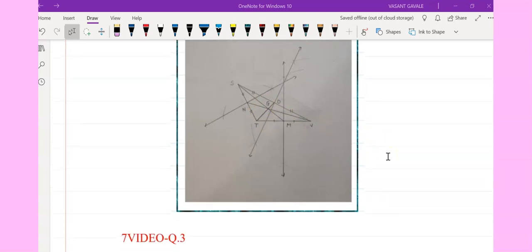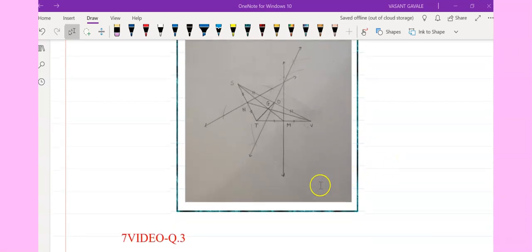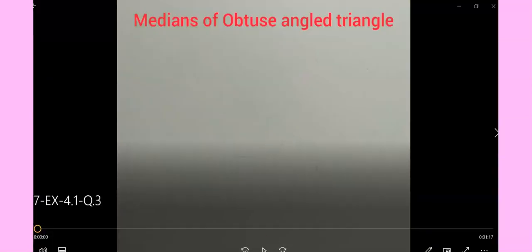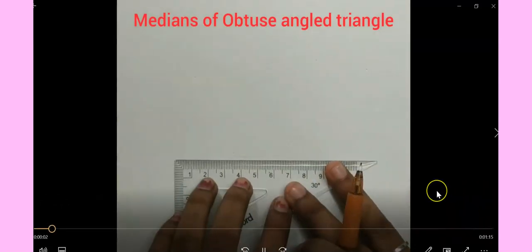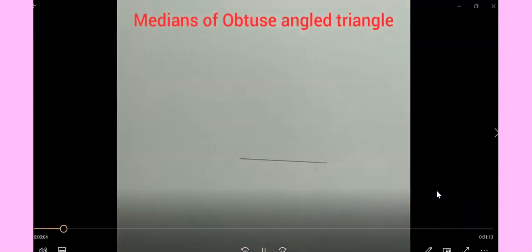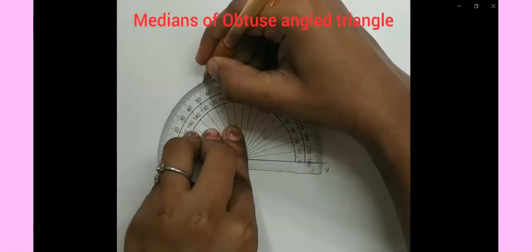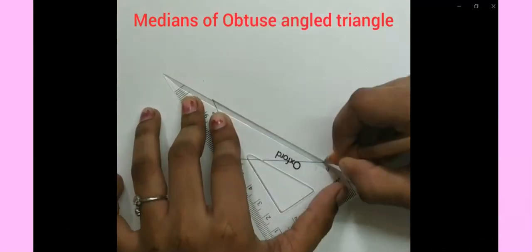Now we'll see how to draw the medians for the obtuse angle triangle. Now see the medians of obtuse angle triangle. First draw the triangle, obtuse angle triangle.